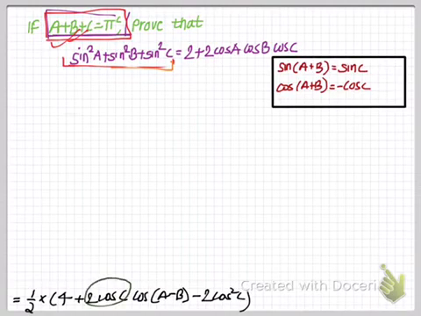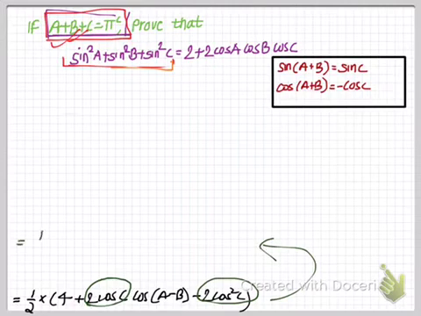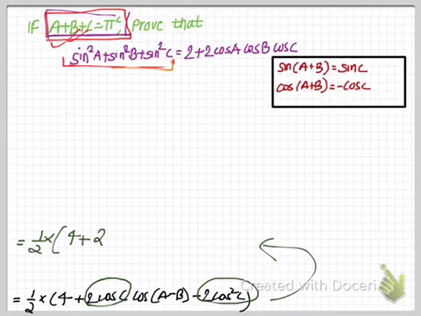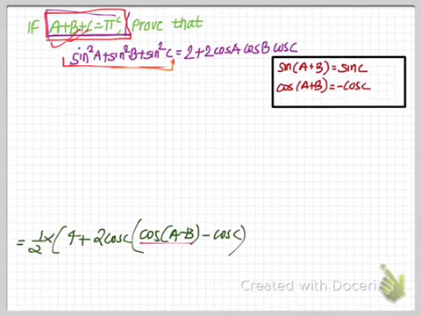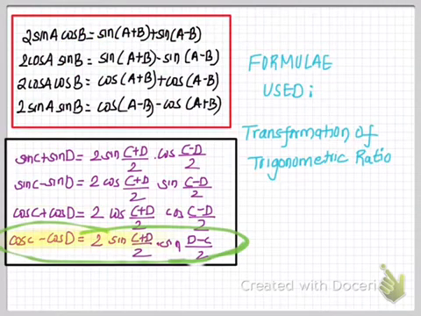Now let me take 2 cos C common from these two expressions in my next step, so I have 4 minus, now I'll take plus 2 cos C common, and then I have cos(A minus B) over here and minus cos C over here. Now once again I'm applying the formula for cos C minus cos D, which is 2 sine((C+D)/2) dot sine((D-C)/2).